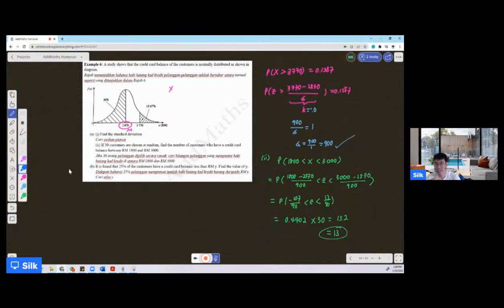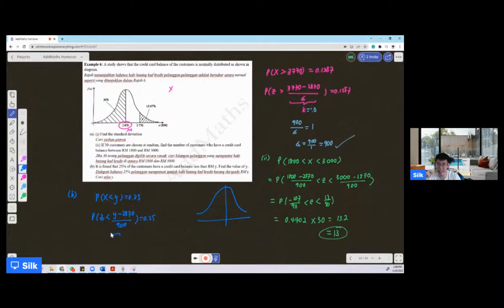Okay, so for part B, it is found that 25% have a credit card balance less than Y. So less than Y is 25%. I draw the graph. Let's say this is the Z graph. I change to Z score first: P(Z < (Y minus 2870) over 900) equals 0.25.